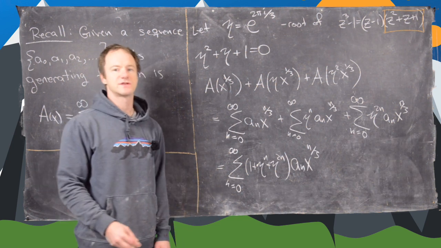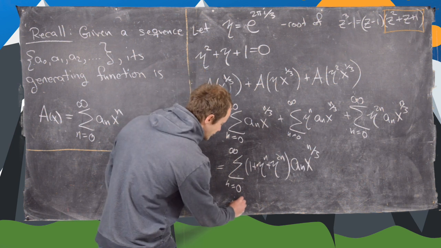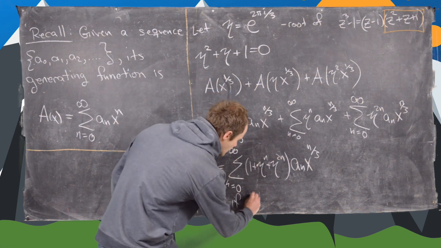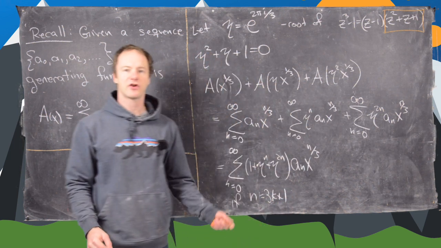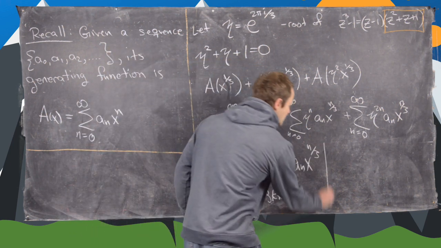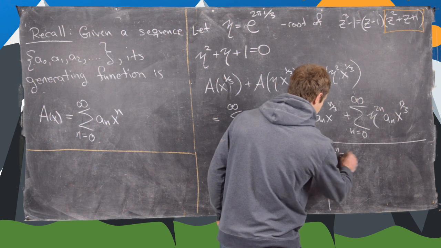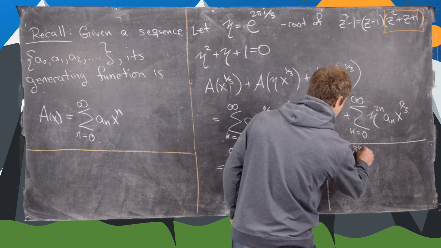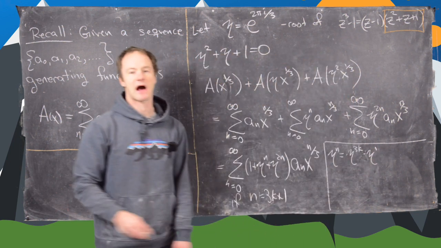Okay, so I'm going to erase this part, and then we'll look at, well, what if 3 does not divide n? Okay, so now we'll look at the case when 3 does not divide n. There are actually 2 cases here. We'll only do one. What if n equals 3k plus 1? And the other case would be n equals 3k plus 2. So let's see what we've got here. So that means eta to the n is equal to eta to the 3k times eta to the first power.